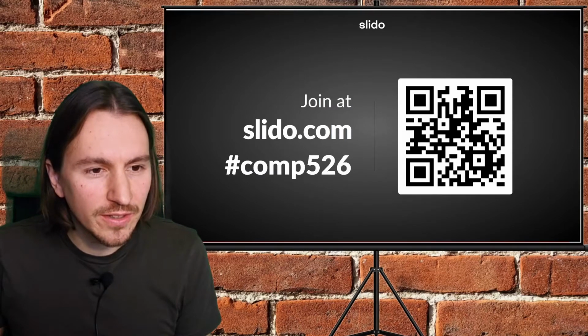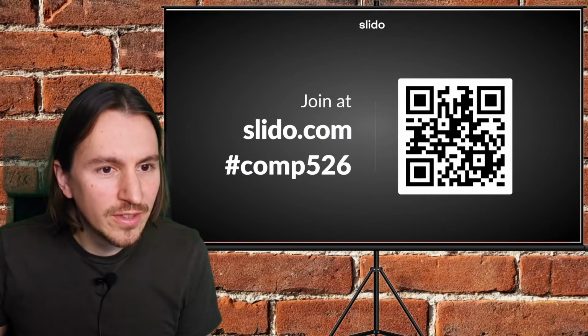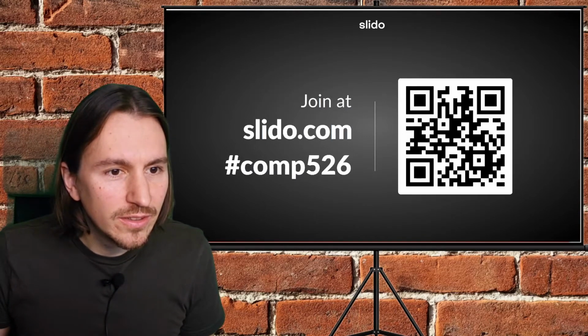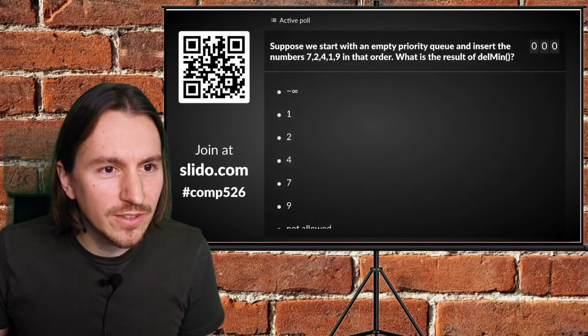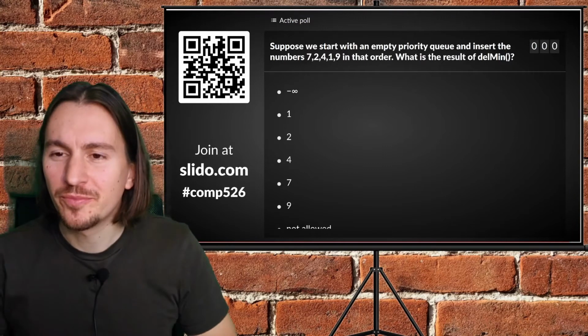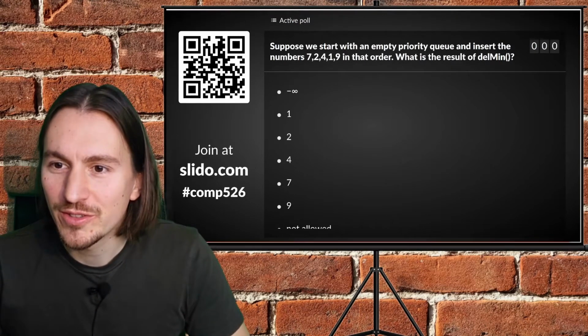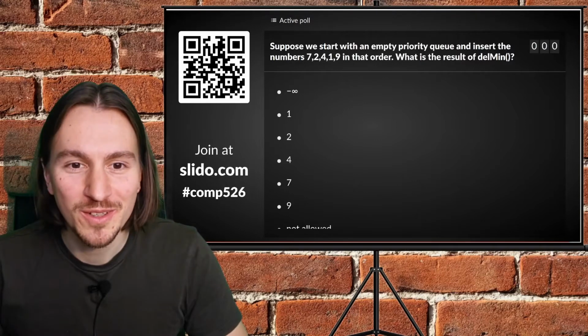So instead, I want to ask this question. If we start with an empty priority queue and insert these numbers and then do a delete min, what happens?